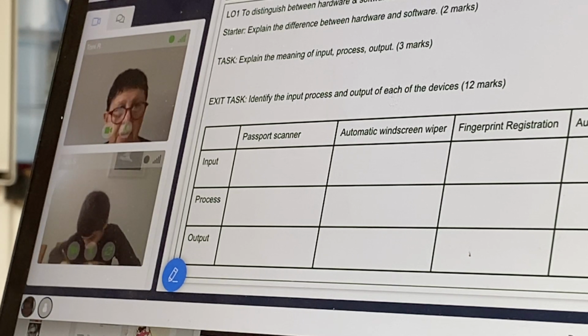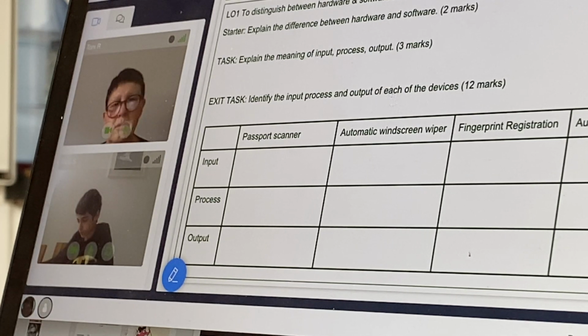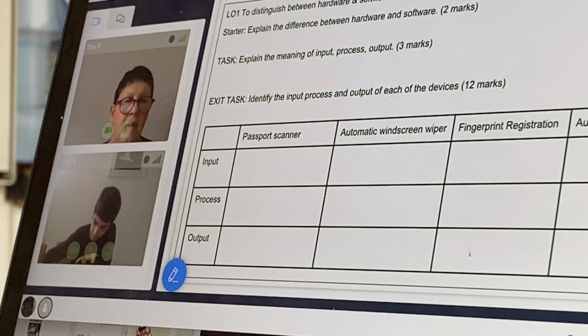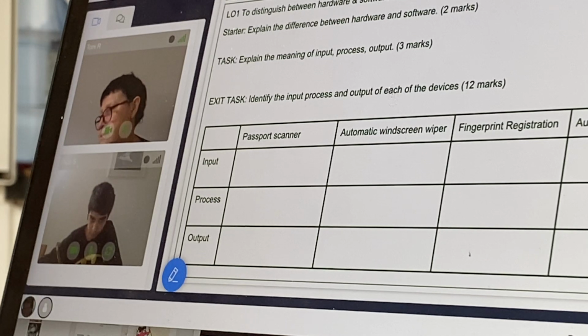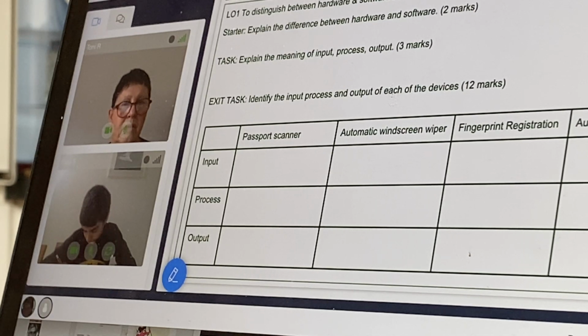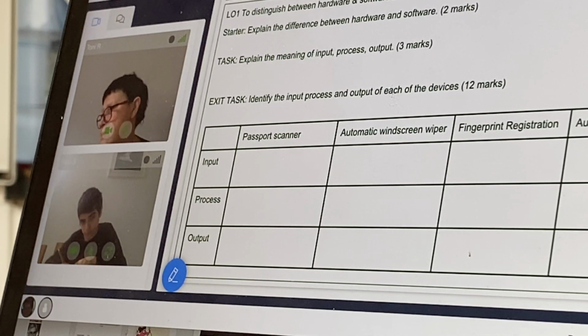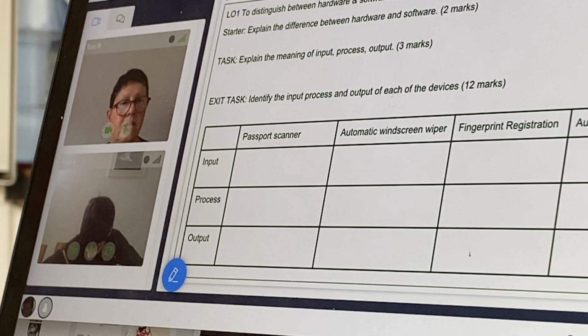So 5 going along. And then on the left-hand side, you need to put input, process, output. And then we've got passport scanner.